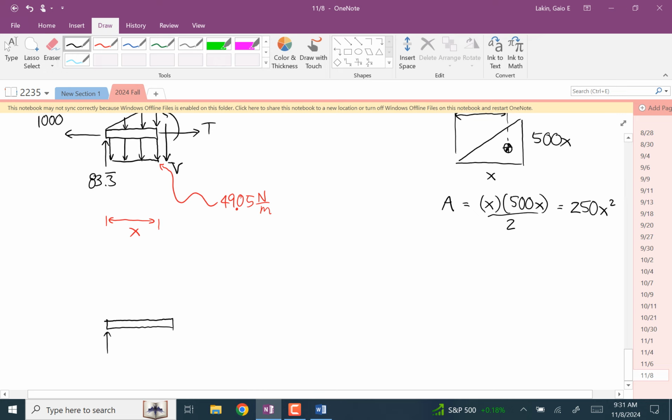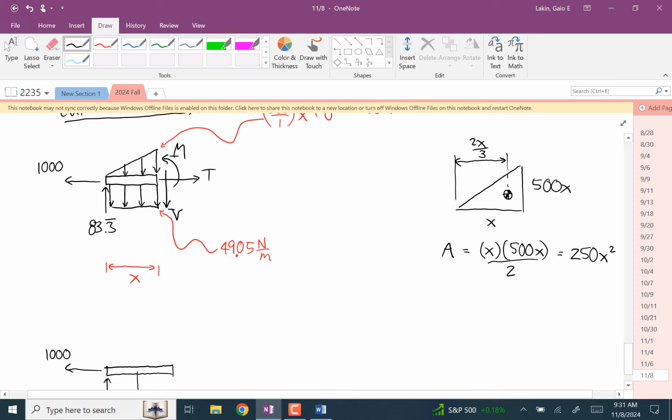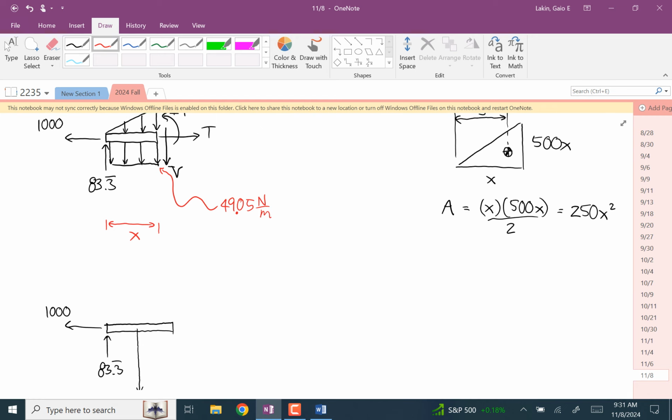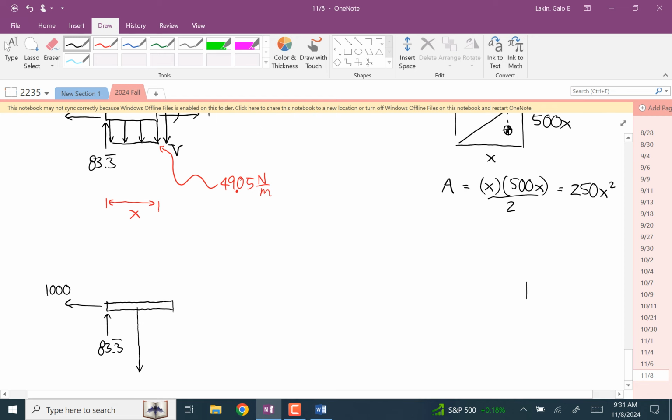And so now I'll redraw this. So now we have the point force up of 83.3 repeating, the force to the left of 1,000. I didn't draw the rectangular distributed load, but it's a rectangle with a height of 49.05, and I'm going to draw it.